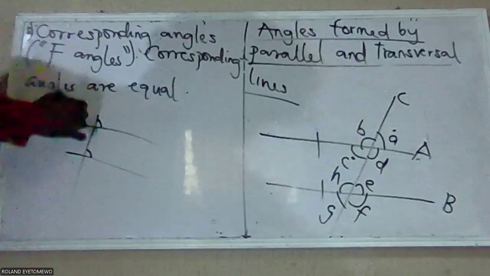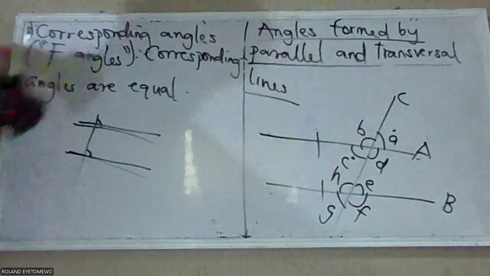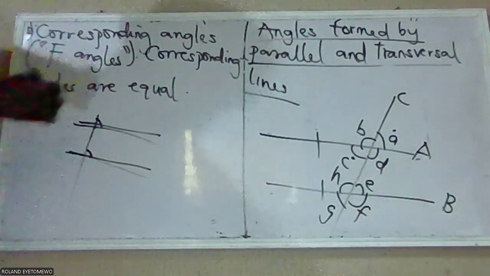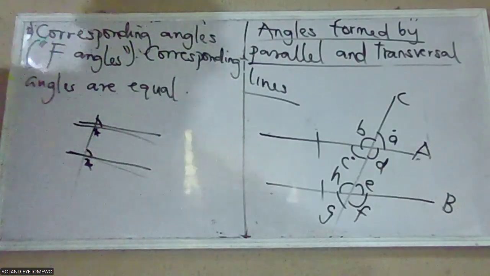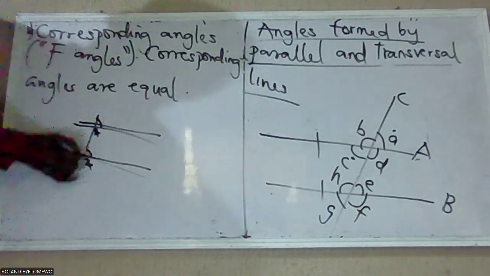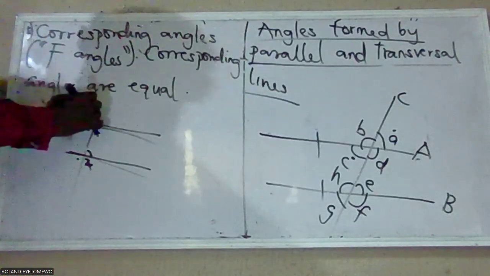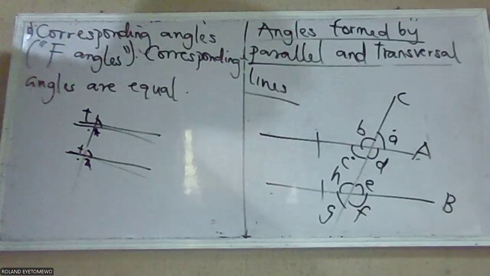Mind you, these two lines are the parallel lines. The angle here and the angle here are corresponding angles. The angle here and the angle here are also corresponding angles. The angle here and the angle here are corresponding angles.